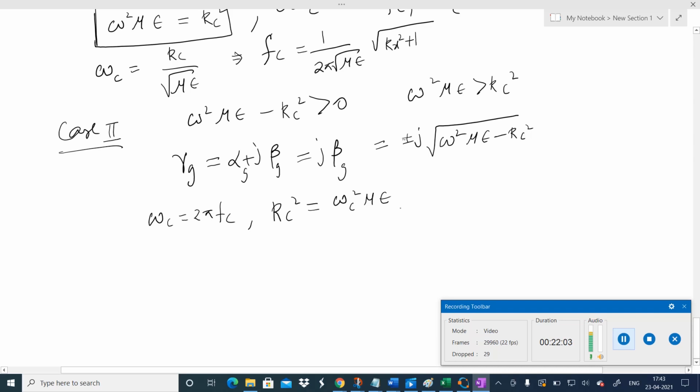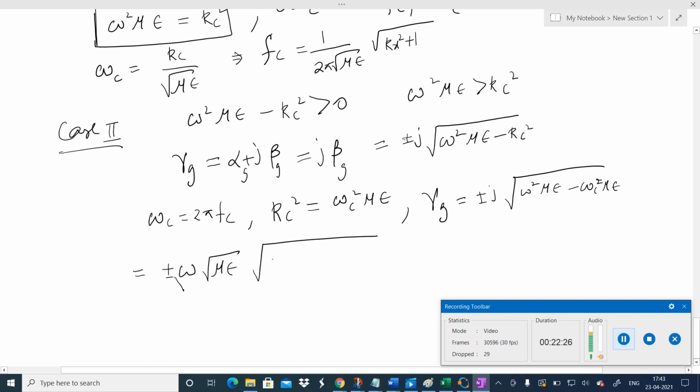So I can write this gamma g as plus minus j under root of omega square mu epsilon minus omega c square mu epsilon, which I can also write by taking omega out and under root of mu epsilon out. What remains inside is 1 minus omega c square divided by omega square, which can also be written as plus minus j omega under root mu epsilon under root of 1 minus fc by f whole square.